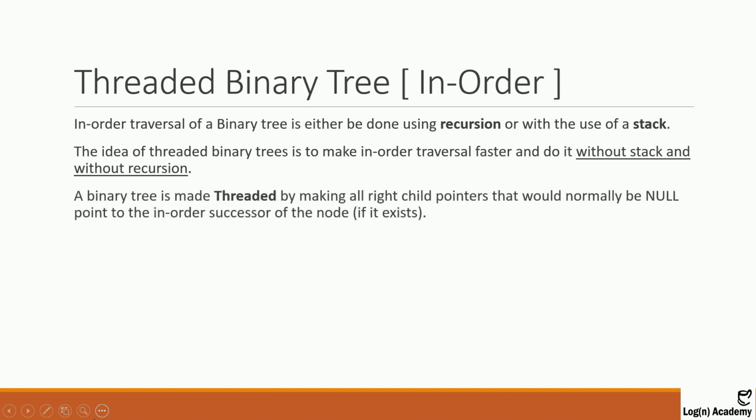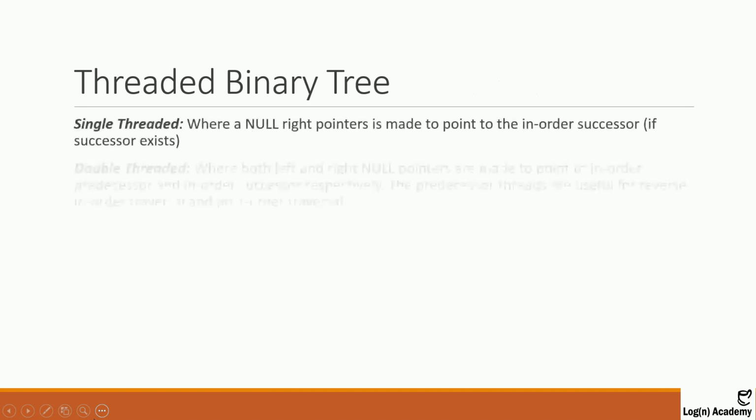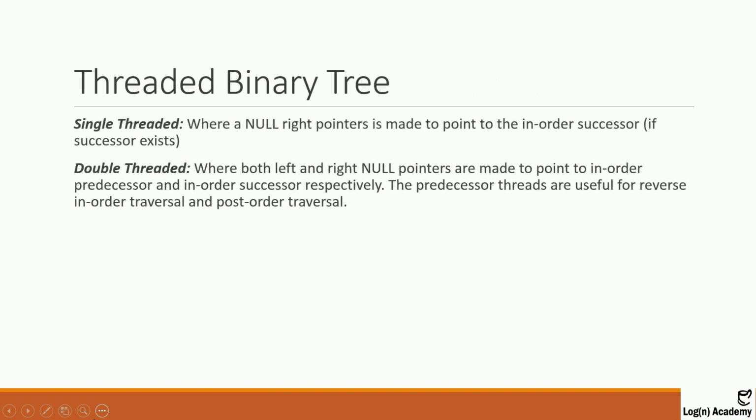So the main concept is traversing the tree without the stack and without using the recursive technique. A binary tree is made threaded by making all child pointers that would normally be null point to the in order successor of the node. Now, how can we do this? How would it point to the successor? I will explain this. We have two versions of threaded binary tree: single threaded and double threaded. What is single threaded?